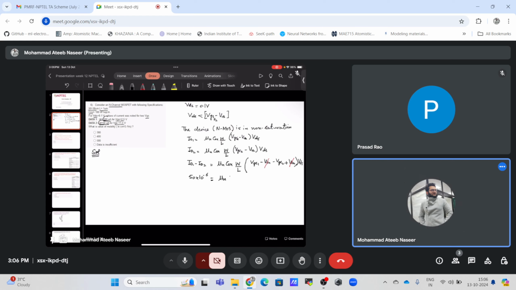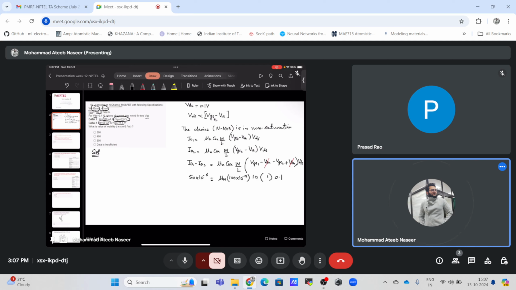Cox is 100 nanofarad per centimeter square, so it is 100 into 10 to the power of minus 9 times W over L. W is 10, L is 1, so W over L is simply 10, times VGS1 is 2.5 and VGS2 is 1.5, so it is simply 1 times 0.1.